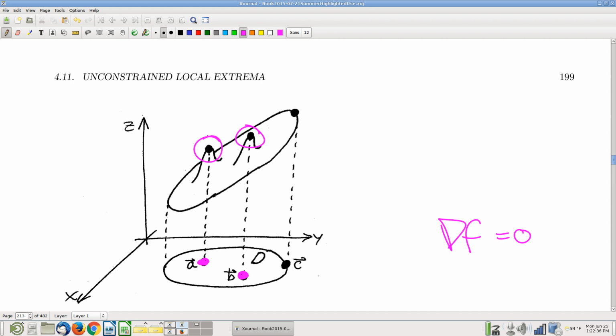Now, I emphasize that there's also the question of, well, hey, what if the maximum you're looking for is achieved at a point on the boundary? That's a different thing, right? This argument about gradient only makes sense if you're in the interior, because only if you're in the interior could you eliminate a point by just going in whatever direction. If you were to take the gradient at that point, and it's like that, and say, I'm going to try to eliminate this as a possible maximum by arguing, well, hey, all I got to do is just go this way, and the function's increasing.